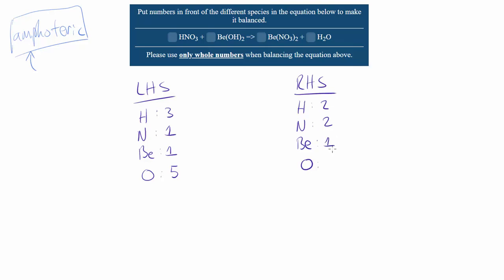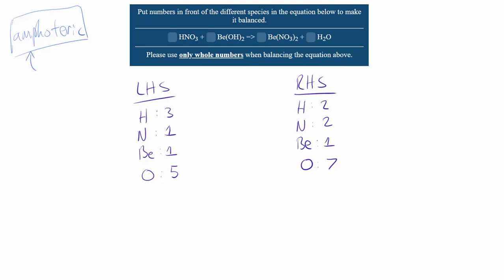And oxygen occurs in both species: we've got O3 times 2, and we've got O, so it's 3 times 2, which is 6, and then 6 needs to be added to this 1, so that gives us 7. Okay, so this is effectively what we've got, and you can see that the hydrogens are not balanced, the nitrogens are not balanced, the berylliums happen to be balanced, and the oxygens are not balanced.